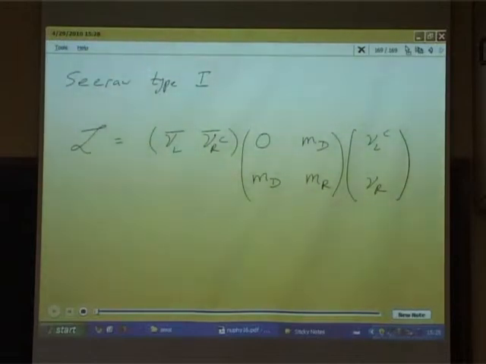This was the matrix that we got from Seesaw. There was no Majorana term for nu_L, there was a Dirac term, and there was an M_R. So recall this thing. At that time, nu_L was just the electron neutrino, only one thing, so these would look simply like numbers.